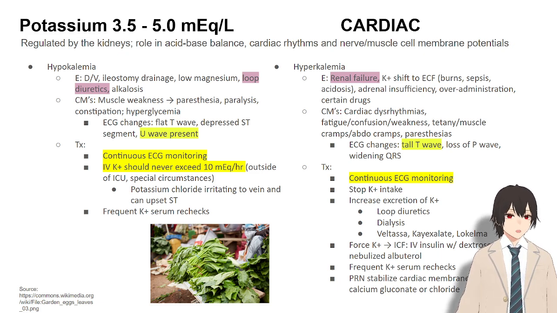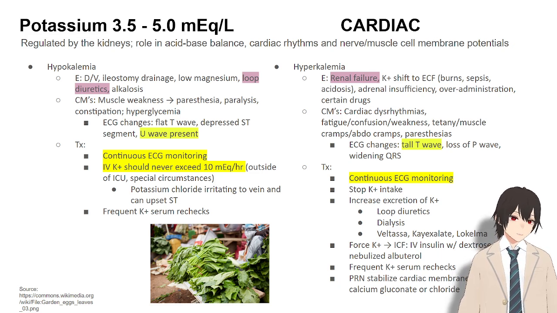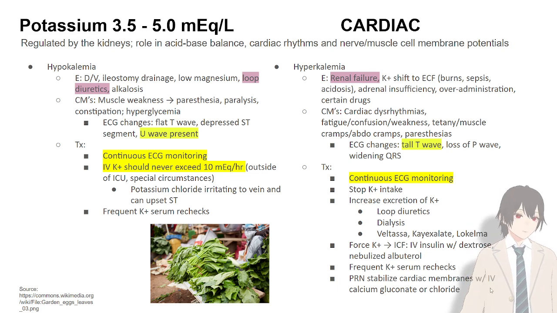This is mainly for a med-surg course. It's not going to go into critical care where we're talking about insulin, albuterol, and other methods of forcing potassium back in. Also remember that if things are bad, you can give calcium gluconate or calcium chloride to help stabilize the heart.